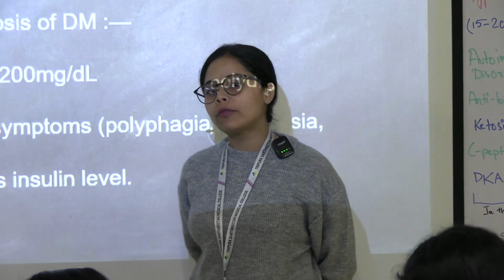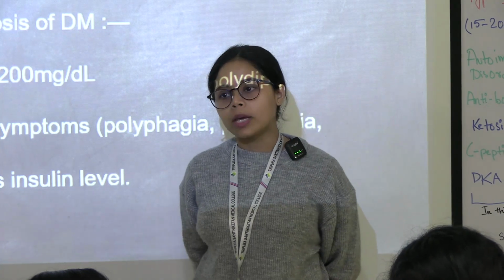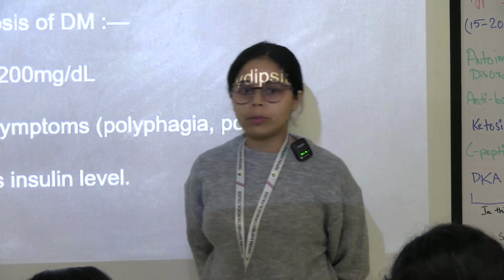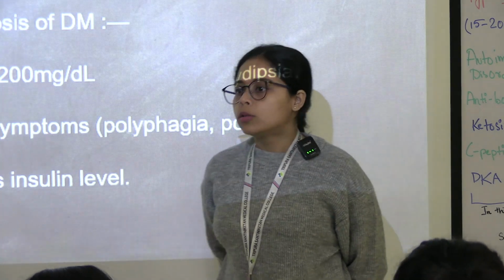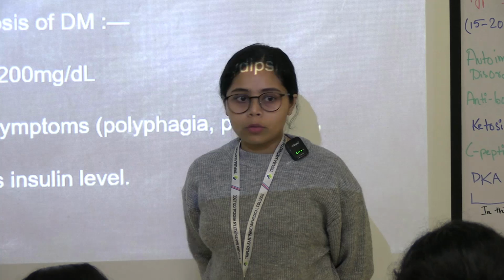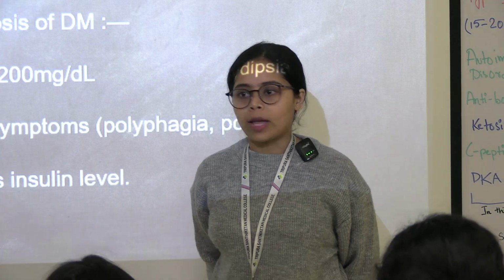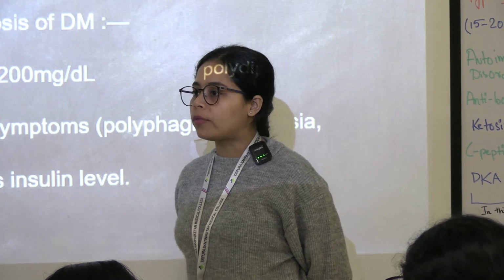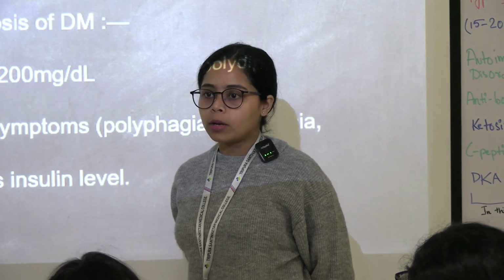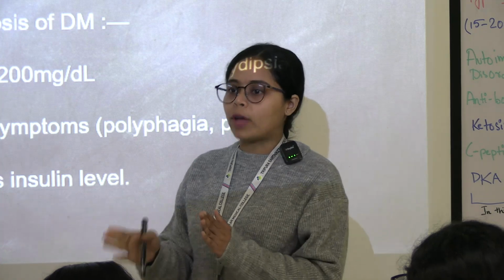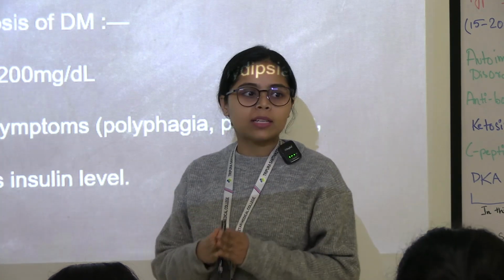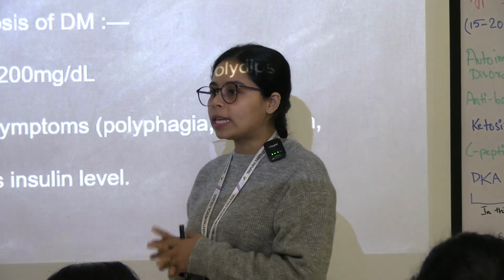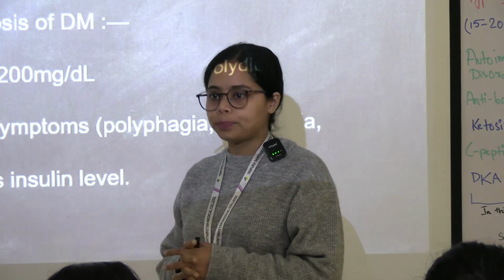If he gives his blood sample the next day, the report will anyway show higher blood sugar, fasting will be higher. So that will not give you the actual accurate value. But HbA1c is not like that. HbA1c gives you the value of the 3 month average, because our RBC's lifespan is 3 to 4 months, that is 90 to 120 days. So checking HbA1c gives you a better idea.